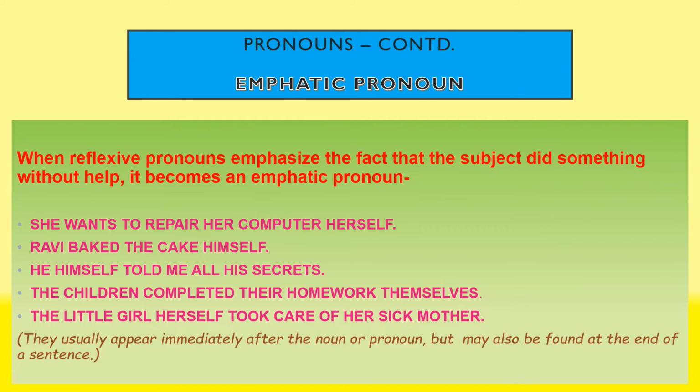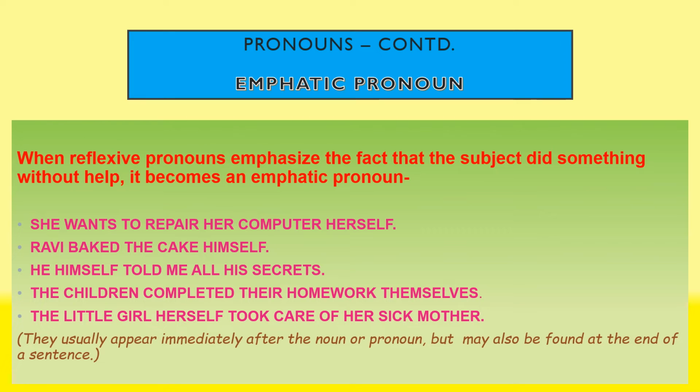If the self pronoun is an object of the subject, then it is a reflexive pronoun. Otherwise, it is an emphatic pronoun when it is actually emphasizing that the subject has done the work all by himself. The children completed their homework themselves. The little girl herself took care of her sick mother.